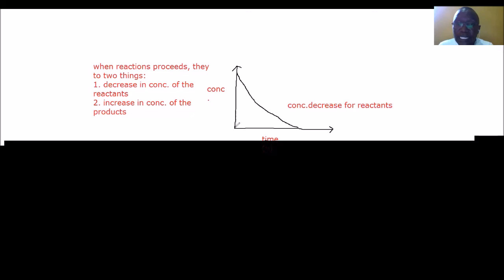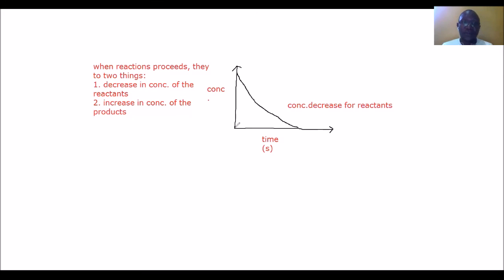So I'm going to start at the origin so that I can come up with the concentration curve for the product. Now, if you look at this curve, it is showing that as time progresses, the concentration of the product is increasing. So let me tag this one. So that is now a graph that can explain what happens to the concentration of the reactants and also the concentration of the product.